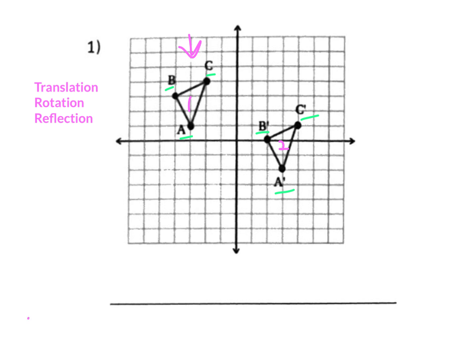So looking at this triangle, if I focus just on point A, I can see that it went to the right and then point A went down. And the same thing happened for B and point C. So it looks like it slid over. That's a translation.